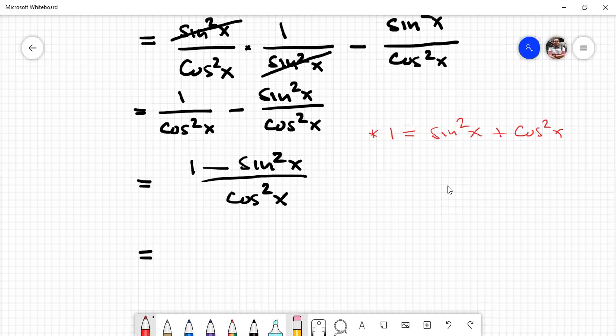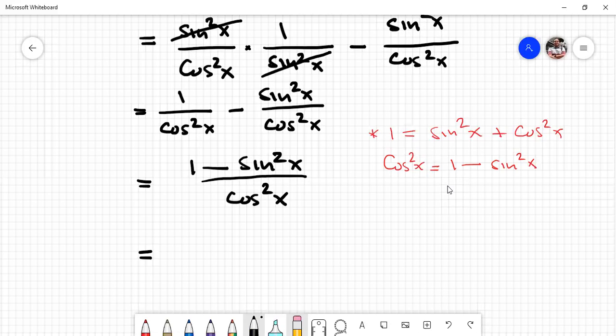It's the same thing. This is a basic trigonometric identity that you need to remember. So cosine square x is actually 1 minus sine square x. Okay, why? Yeah, we know this. So 1 minus sine square x is actually cosine square x.